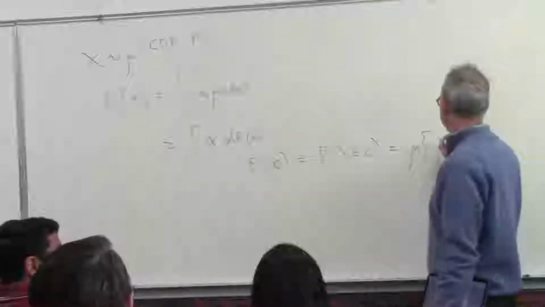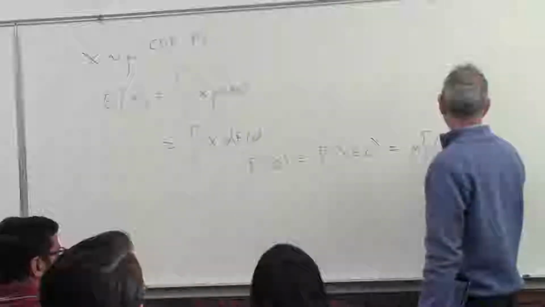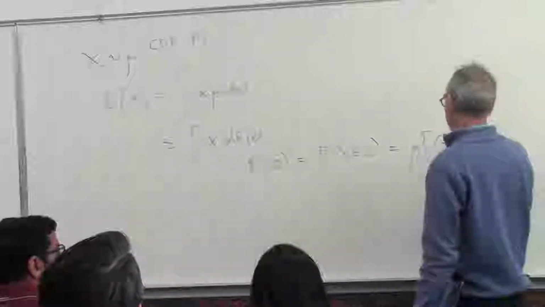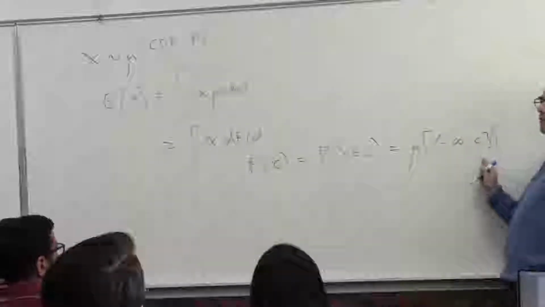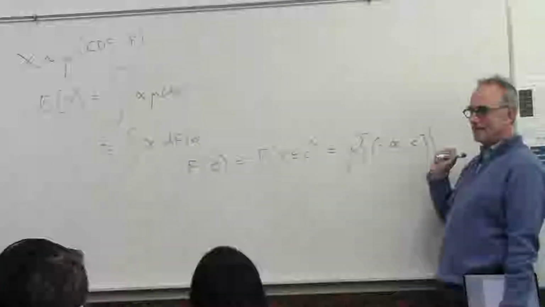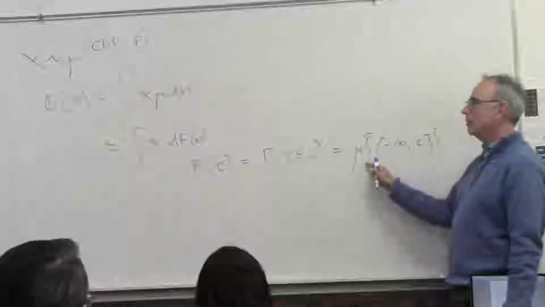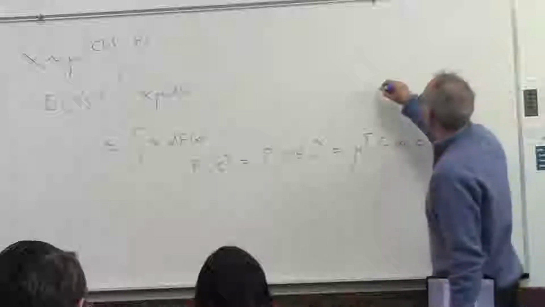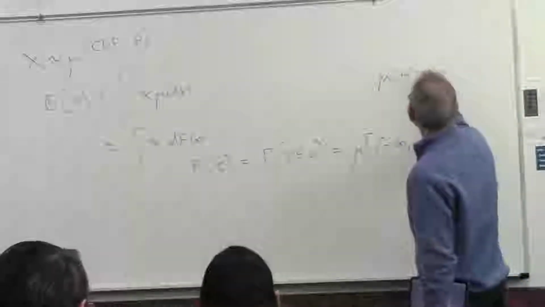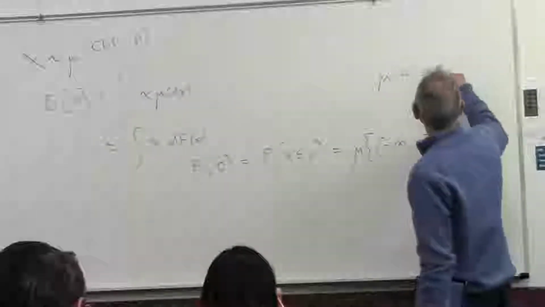Mu of x less than or equal to c? Yeah, you got it. It's mu of this event. All right. So mu of A is between 0 and 1.